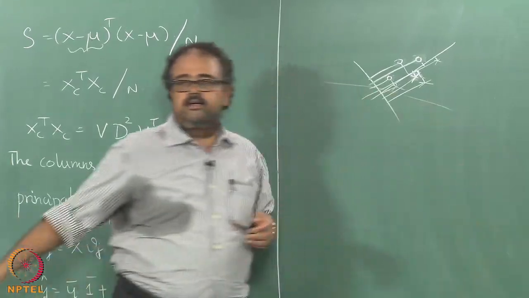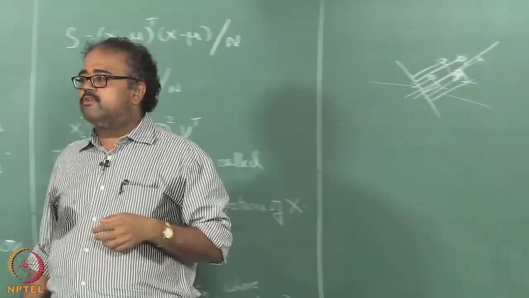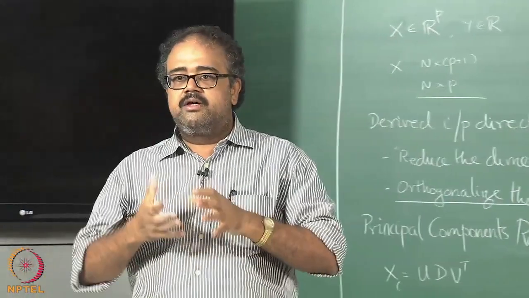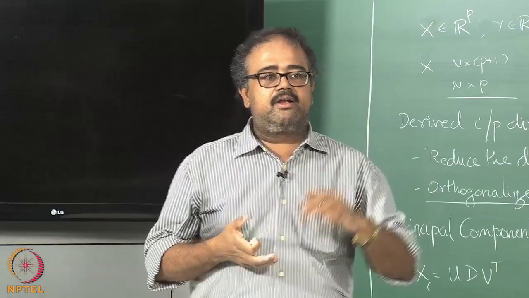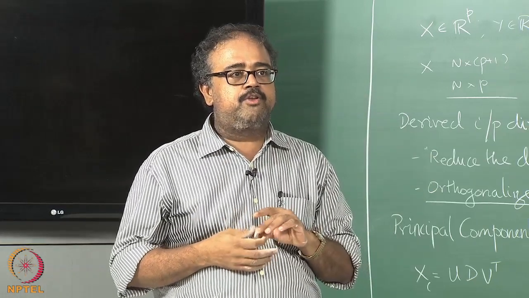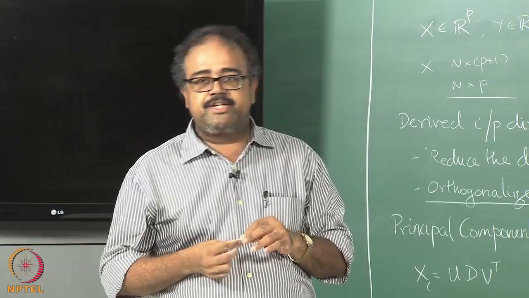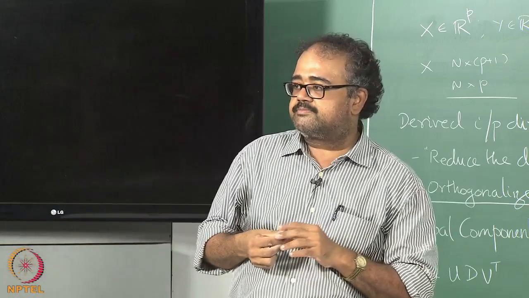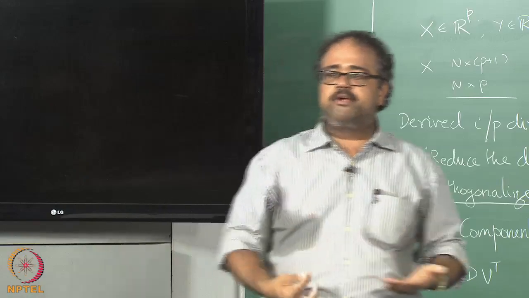I can essentially do a fit like this, which will give me a lot less error than the other case. So in cases where you have an output that is specified for you already, it might be beneficial to look at the output also when trying to derive directions, as opposed to just looking at the input data.